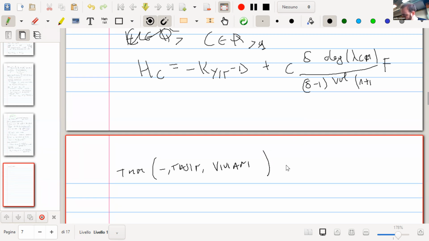is the following. Take Q a natural number such that Q is bigger or equal than 1 divided by C minus 1, and Q of H_C is Cartier.